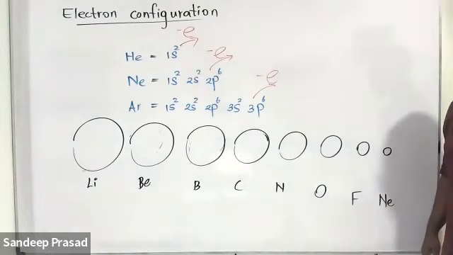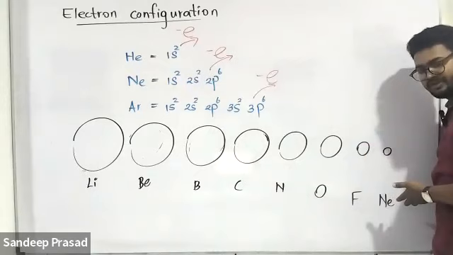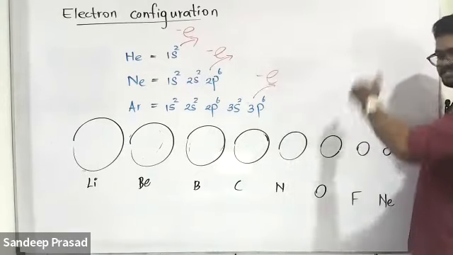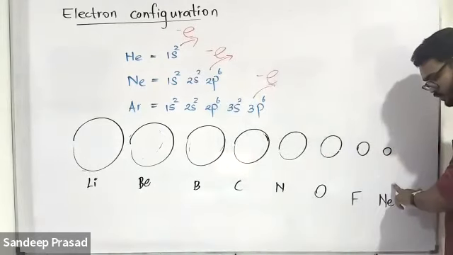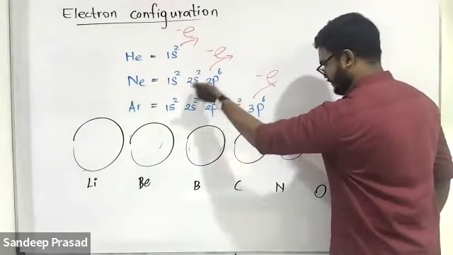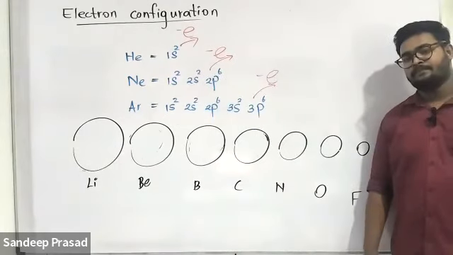So it is proven here that electron configuration is also affecting it. Neon has the highest ionization energy because its radius is very low in that period, and its configuration is also very stable. Therefore, it has the highest first ionization energy.